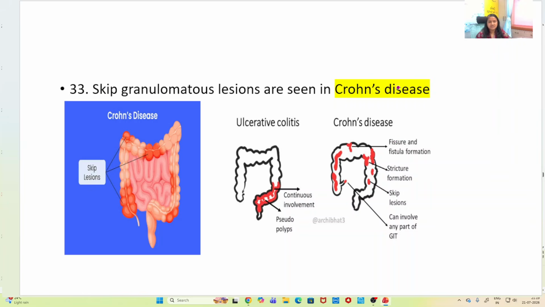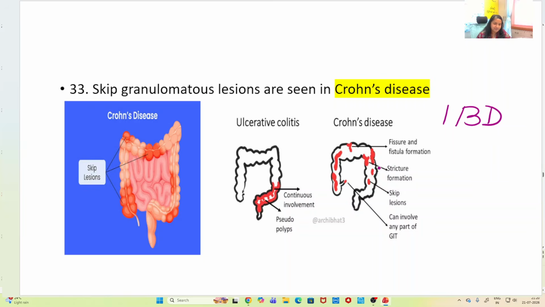Skip granulomatous lesions are seen in Crohn disease. Now Crohn disease and ulcerative colitis, these two are inflammatory bowel disease. We all know that. Crohn's disease, okay, these are skip lesions. You don't see a continuous involvement like you see in ulcerative colitis. Here in Crohn's disease you see fissure, fistula formation, and there are skip lesions.